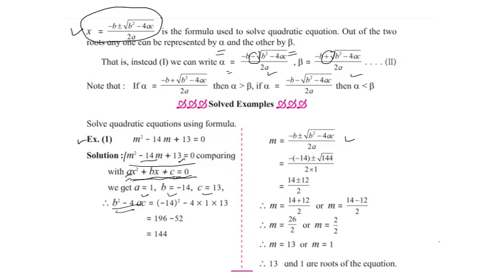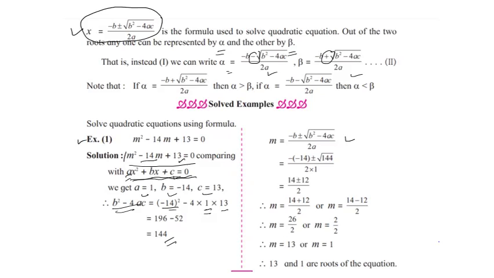Substitute the values of a, b, c. What is the value of b? Minus 14. So b square equals minus 14 whole square, minus 4 into a c, the value of a is 1 and the value of c is 13. After calculation, we get 144.